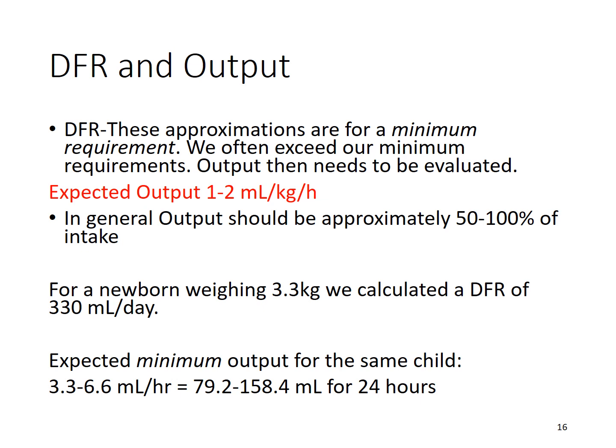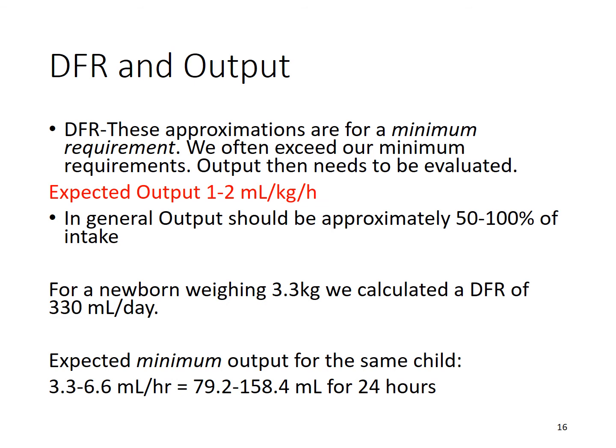So for a newborn weighing 3.3 kilograms, we calculated a DFR of 330 milliliters per day. The expected output, using the formula in red, we would expect them to get 79.2 to 158 milliliters for 24 hours. That's the minimum output. We also want to keep in mind that output should be approximately 50 to 100% of intake.